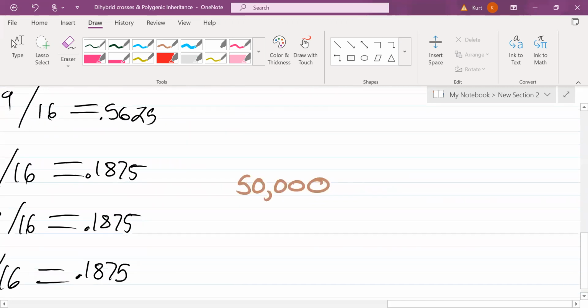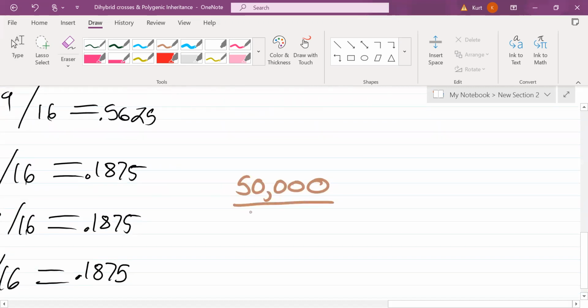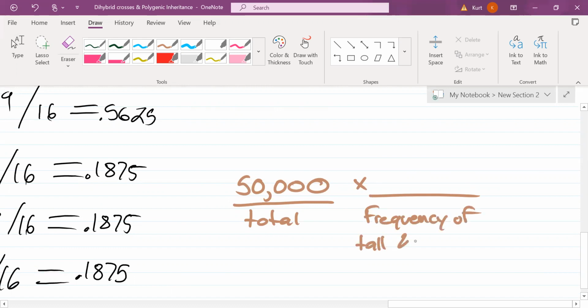You multiply the total times the frequency of whatever you're trying to find. So in this case, if I want to know how many tall and green, I would do 50,000 times 0.5625.